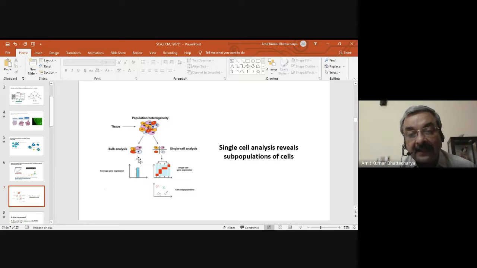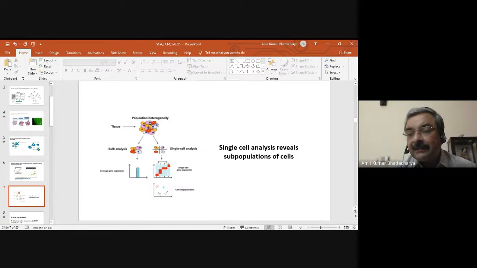When you do a bulk analysis, you don't pick up other cells which have different levels of the protein. But if you now do an analysis cell by cell, looking at one cell at a time, then you find that there are subpopulations.